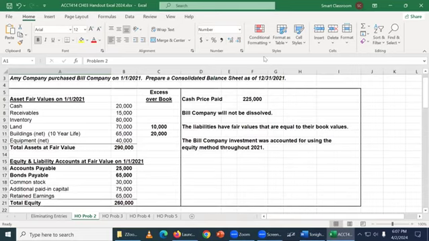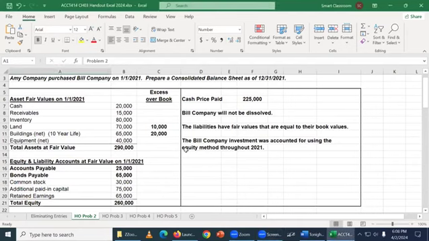The difference between the chapter 3 handout and the chapter 2 handout is that chapter 2 is when you initially have a purchase of the investment, and chapter 3 is what happens after you've had it for a year. So you made this investment, you've had it for a year, and now you have to take the financial statements and put them together. So how are we going to do that? Again, just like we did before, we have to eliminate the investment account.